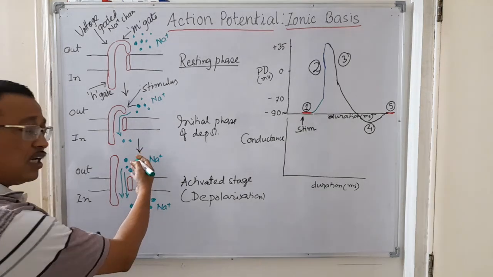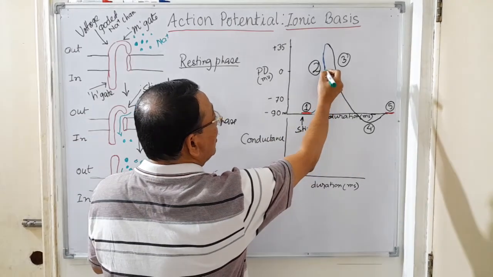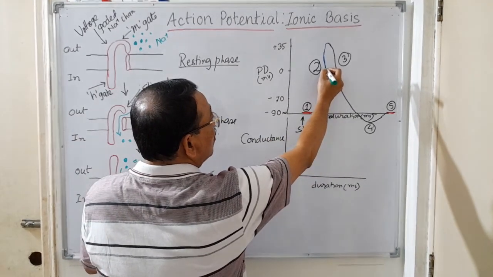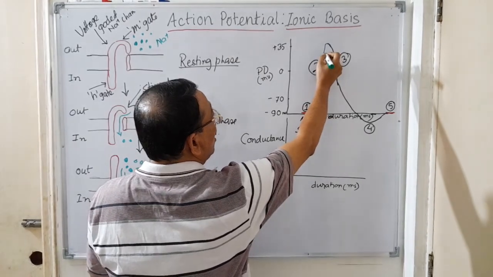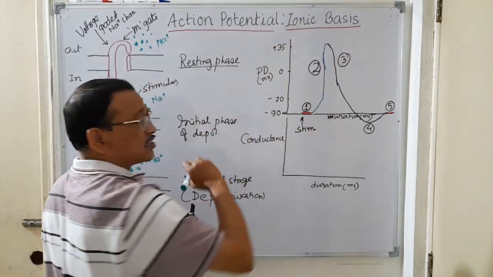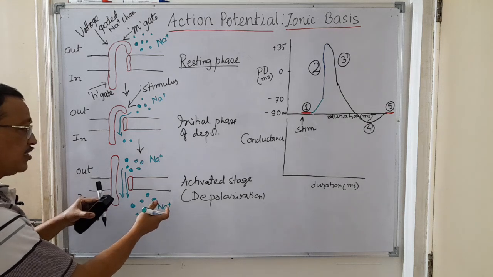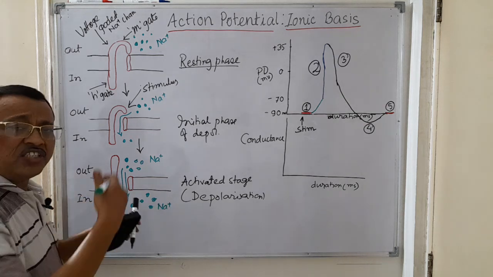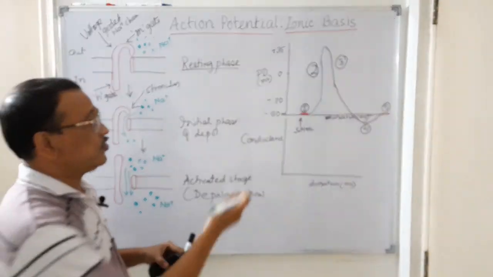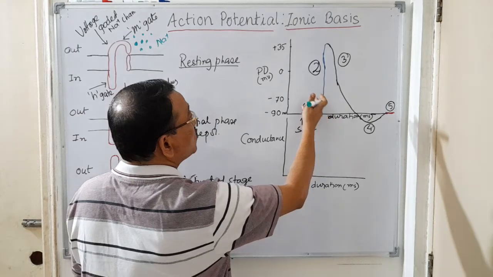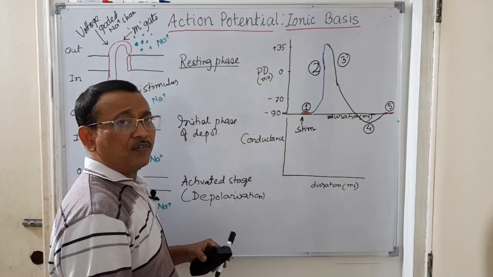As the sodium ions are rapidly entering inside, there is a rapid fall of electronegativity from the critical level to 0, overshoots 0, and finally reaches plus 35 millivolt. Because of the sodium entry from outside to inside, there is a reversal of the inside electronegativity to inside positivity, that is around plus 35 millivolt.